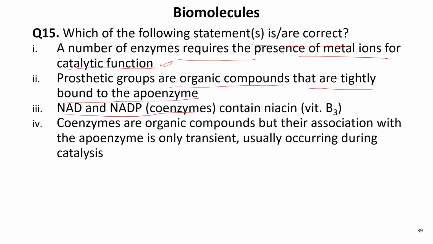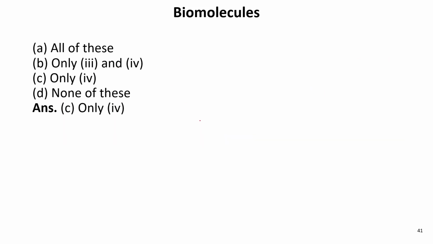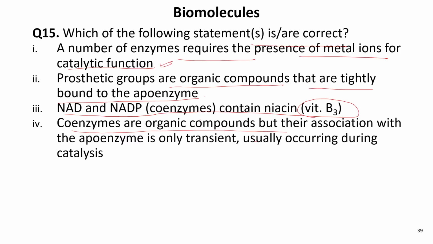NAD and NADP coenzymes contain niacin, vitamin B3, and coenzymes are organic compounds, but their association with the apoenzyme is only transient, usually occurring during the catalysis.